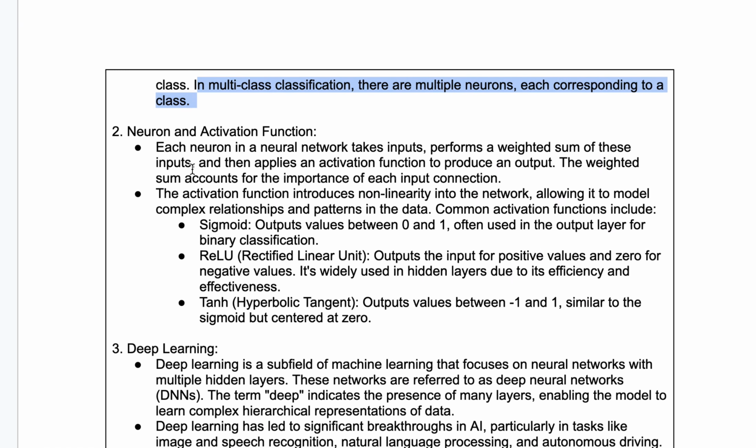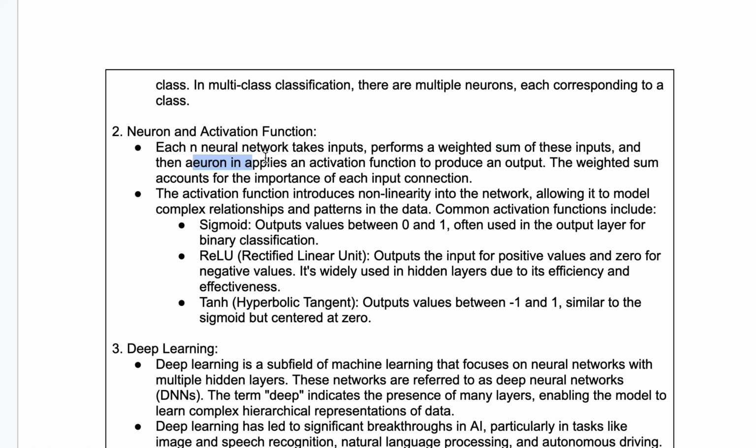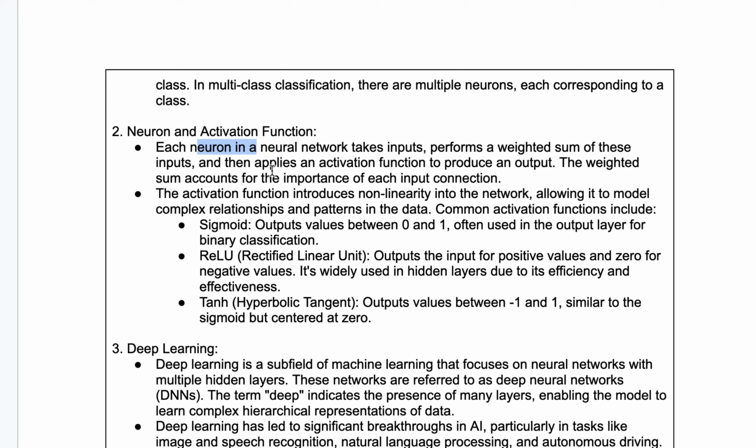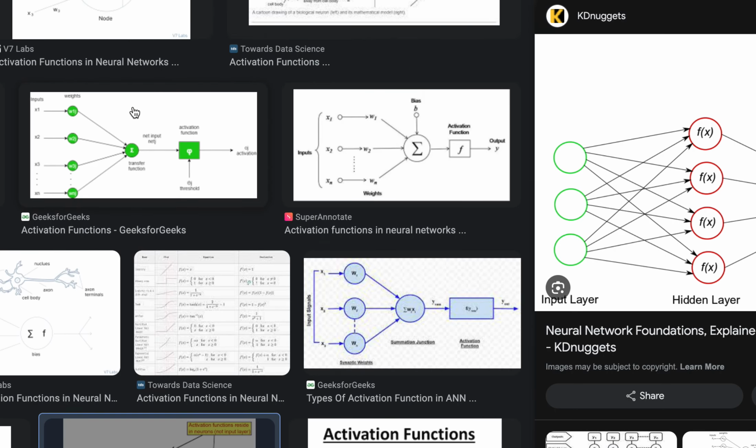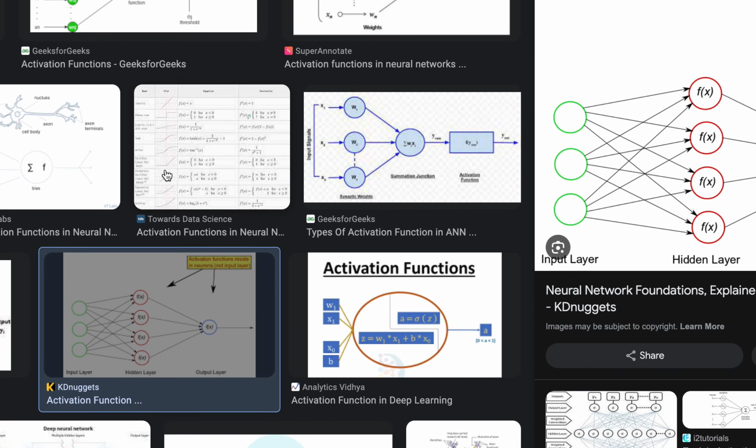So the second one is what we call neuron and activation function. So each neuron in the neural network takes inputs and performs a weighted sum of these inputs, and then it applies an activation function to produce an output. So this is what it looks like.